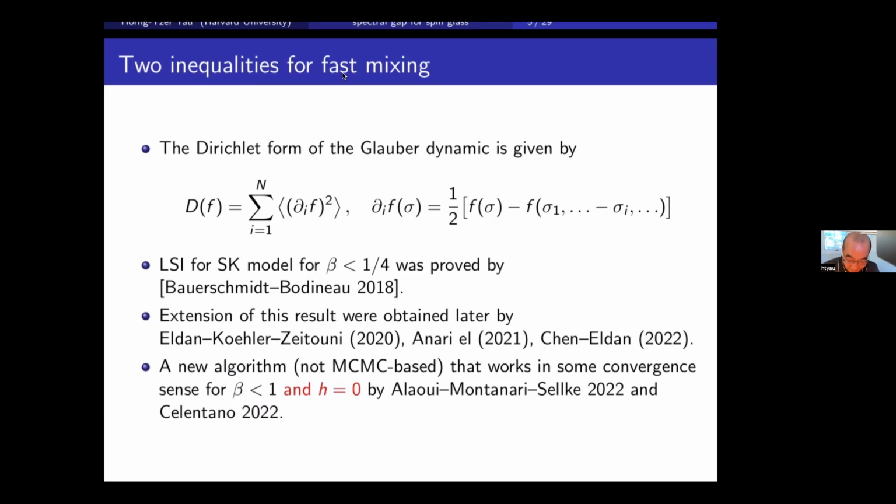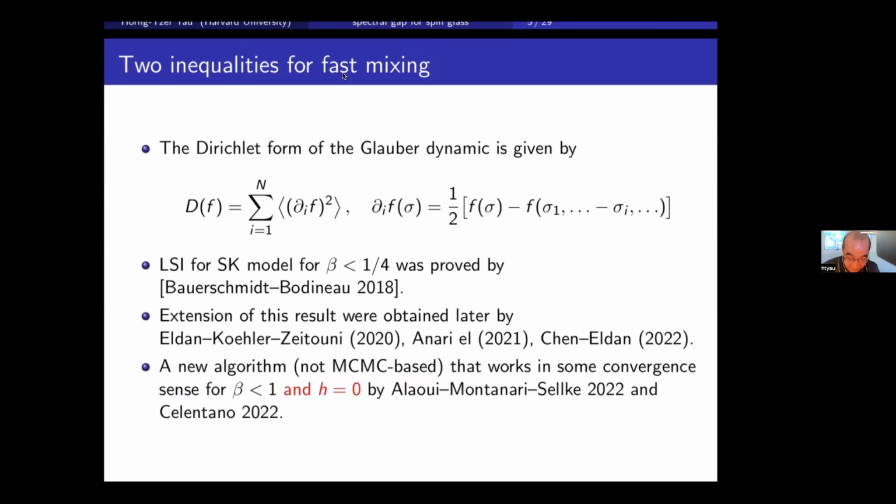In particular, Alaoui, Montanari, and Sellke, or Celentano in 2022, and last year, proved that for zero magnetization they can have a new algorithm, which is not really the Glauber dynamics. It's a bit complicated to explain what it is, but for them you don't have to use exactly the Glauber dynamics, so that's why I say it's not MCMC based.